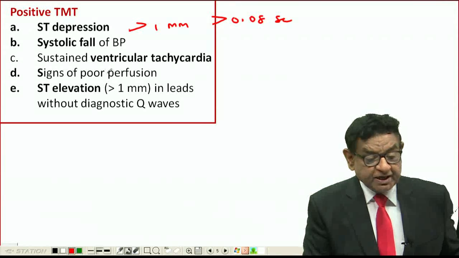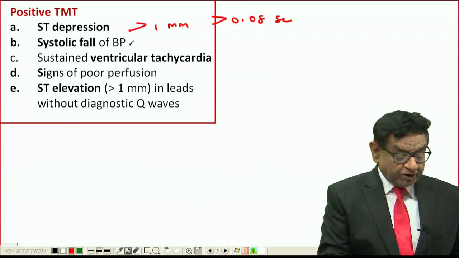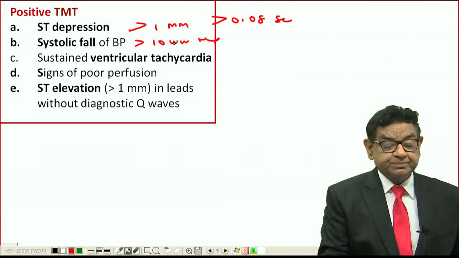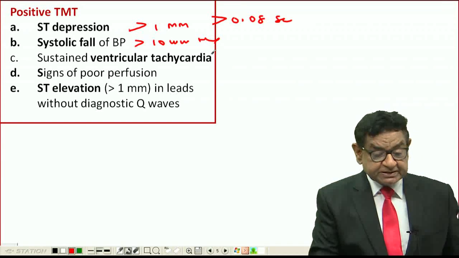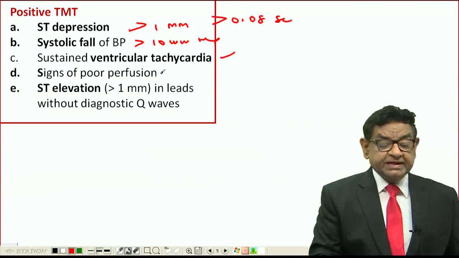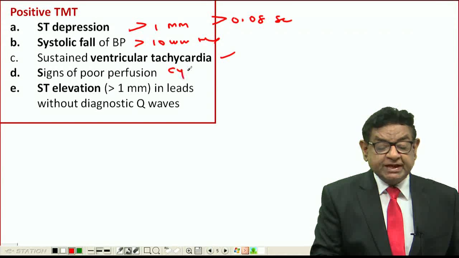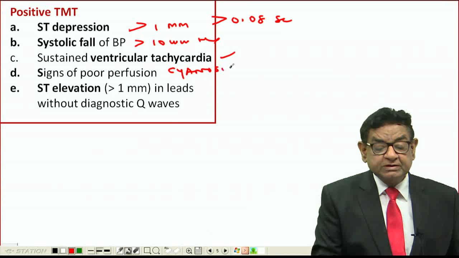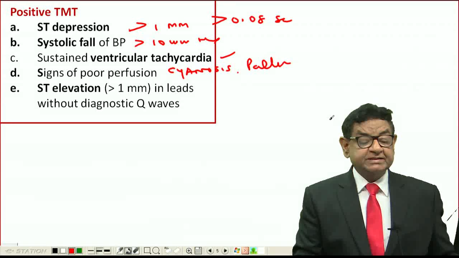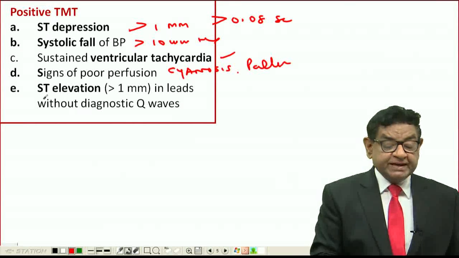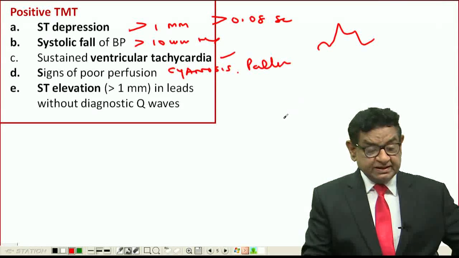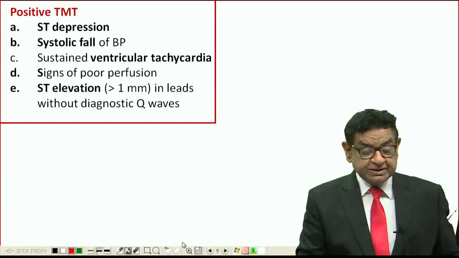So we are talking about the criteria of positive TMT, or a systolic fall of BP of more than 10 millimeters of mercury, or if we are getting sustained ventricular tachycardia in ECG, or signs of poor perfusion like cyanosis or pallor, or ST segment elevation, which we typically get in Prinzmetal angina.